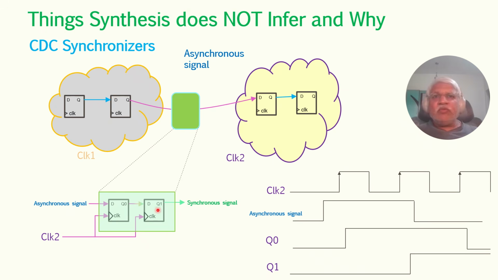Now we will observe a little bit here. In this destination clock domain, if the asynchronous signal is maintaining the setup time with respect to the destination domain, and also maintaining the hold time of this destination domain, then actually there is no need of a synchronizer, because the signal will be properly handled by this clock 2 domain flip-flop.